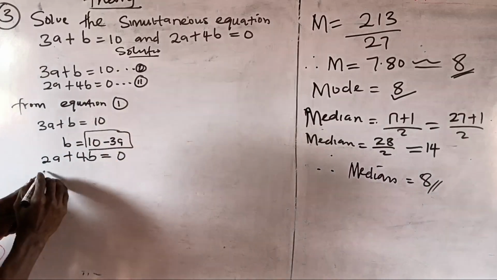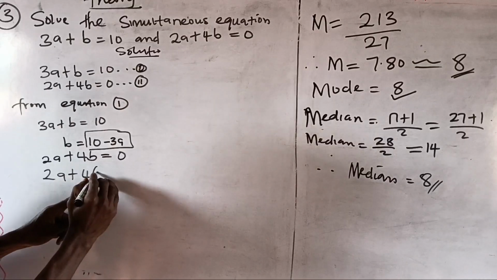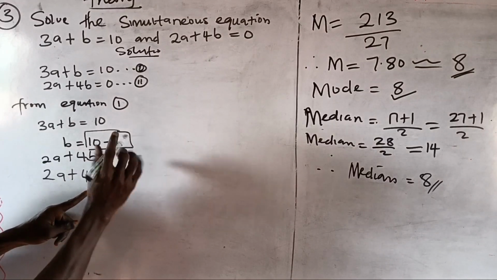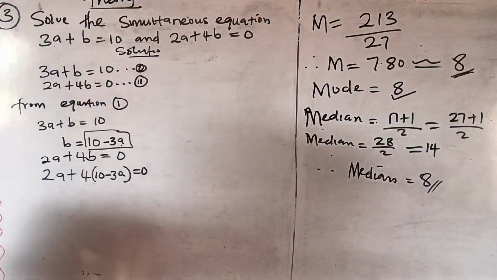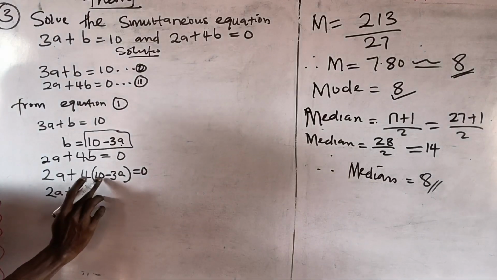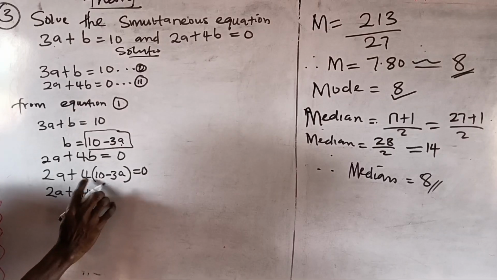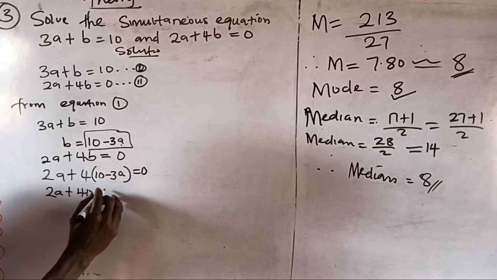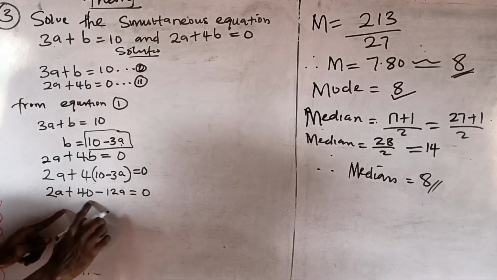So 2a plus 4 open bracket 10 minus 3a close bracket equals 0. I will open this bracket. 4 times 10 is 40. Plus times minus gives minus. 4 times 3a gives 12a, equals 0.